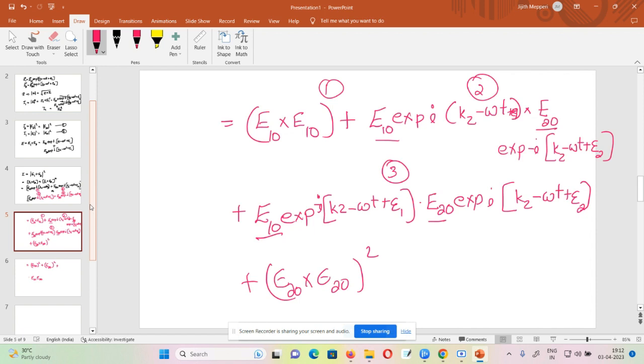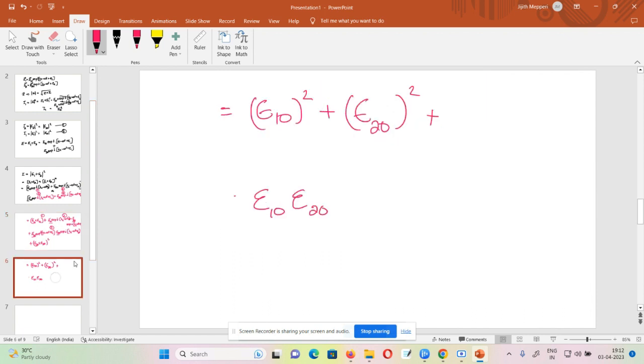What will happen if these two things get multiplied? i(kz − ωt) and here −i(kz − ωt), this term will get cancelled. Only the two terms will exist: i ε1 and here −i ε2.